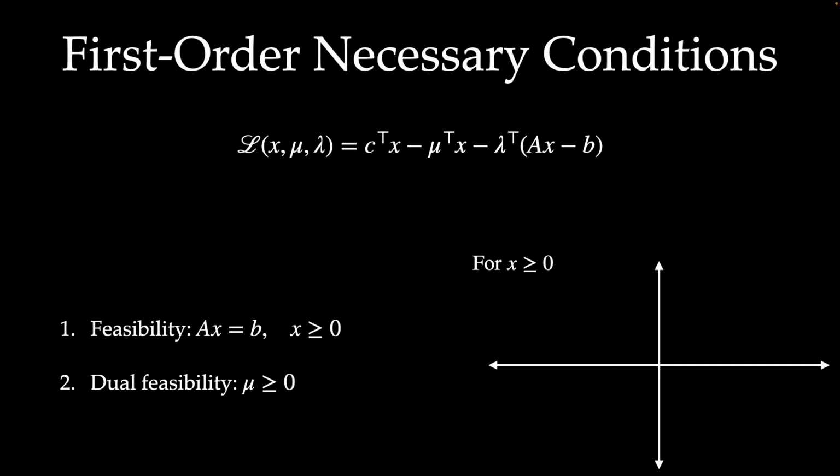Okay, so for x greater than or equal to 0, we're saying we don't want to apply any penalty. This is just 0 penalty because it's a feasible point. As soon as we're slightly less than 0, we want to apply infinite penalty, right? That point is infinitely bad to us since it's not feasible. Okay, so that's what we're saying here with this infinite step function.